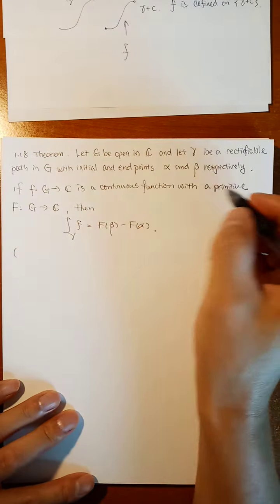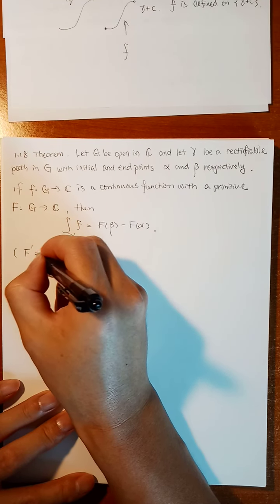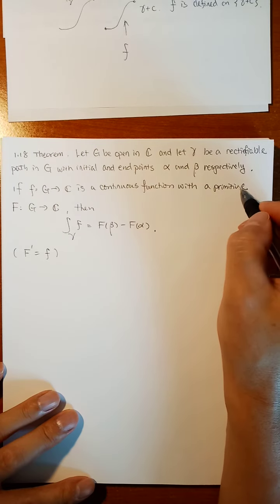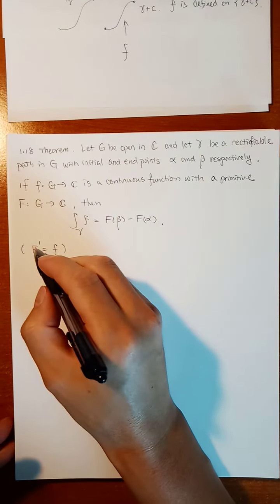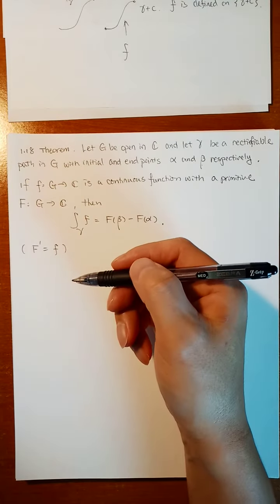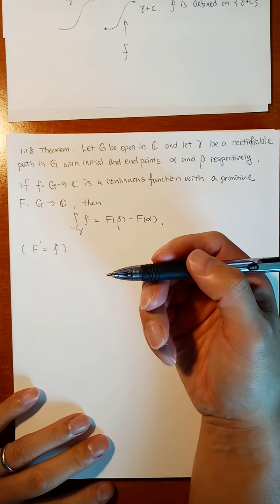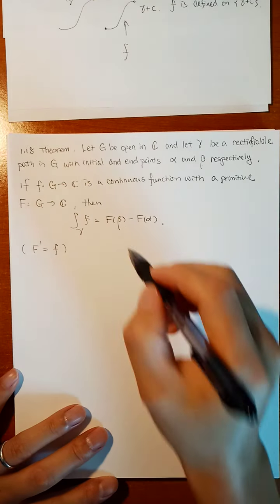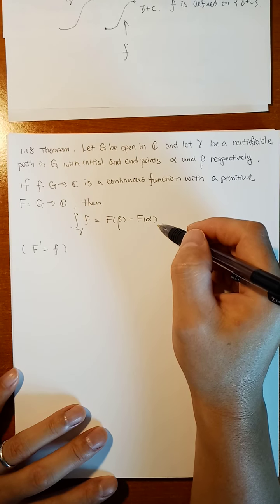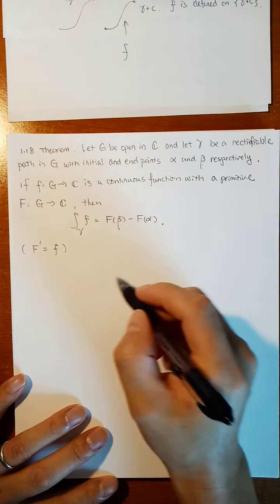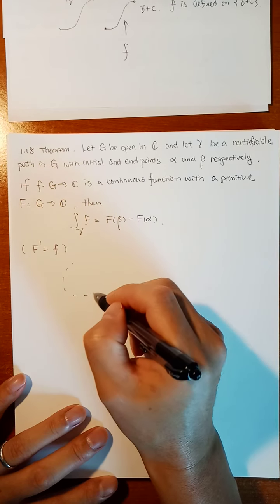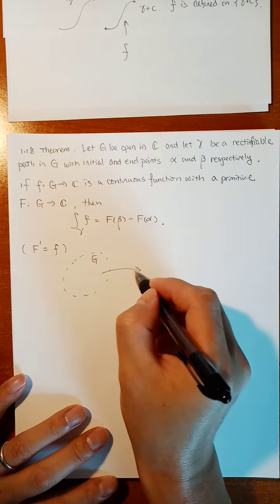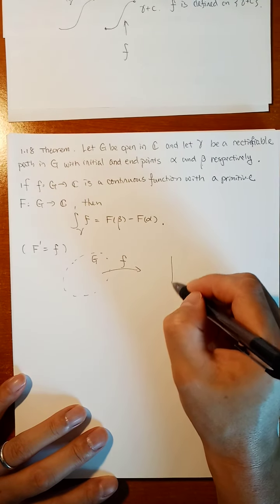Here the author explained the relation. What does this word primitive mean? Primitive just means capital F prime is equal to little f. So this condition is very, very strong. Why? For example, you have this open set G here, and a map f from G to the complex plane.